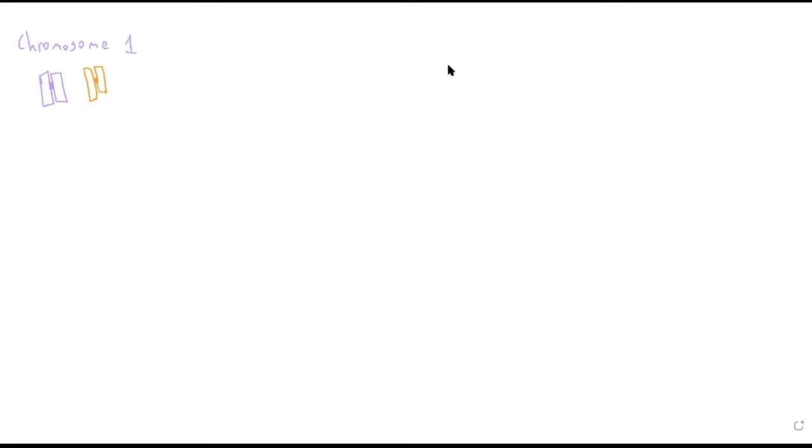And chromosome 2, we're going to draw that as a triangle. I know I'm not super good at connecting triangles, but whatever. This is chromosome 2 from your mom's side. Or dad's side, you pick whichever one you want.